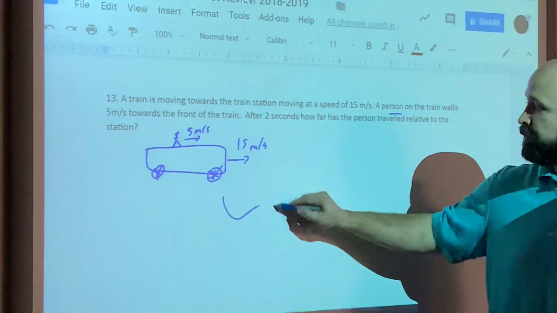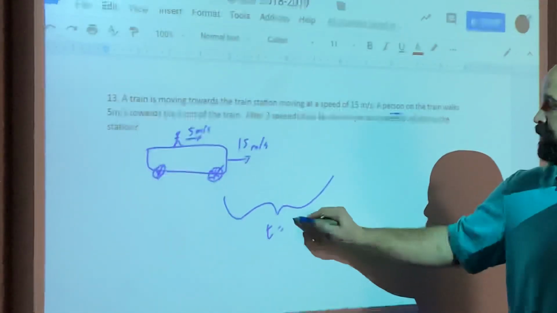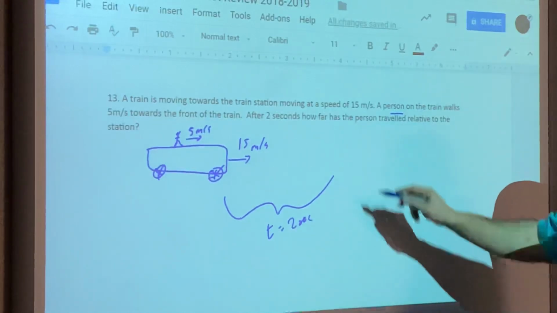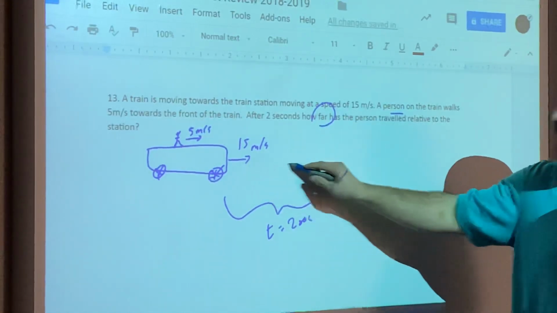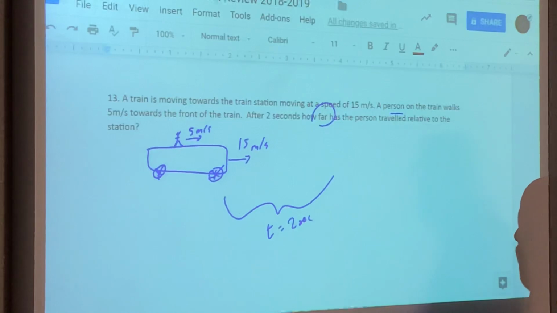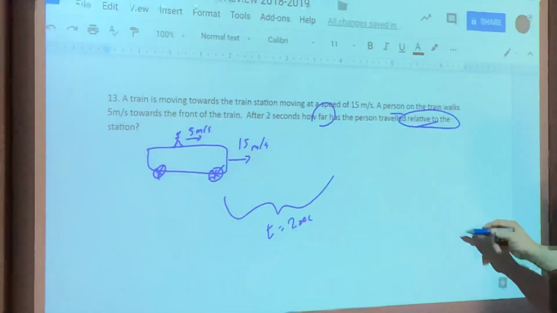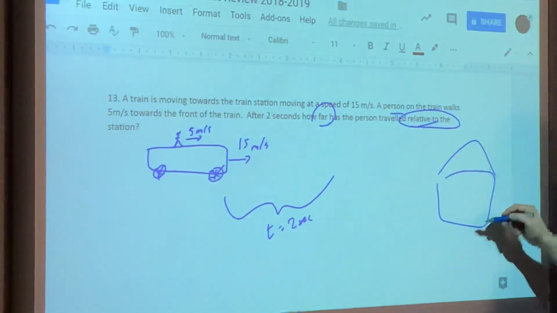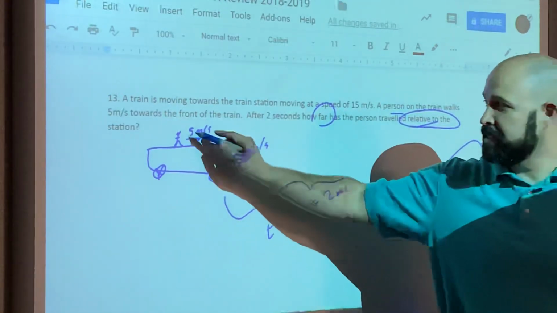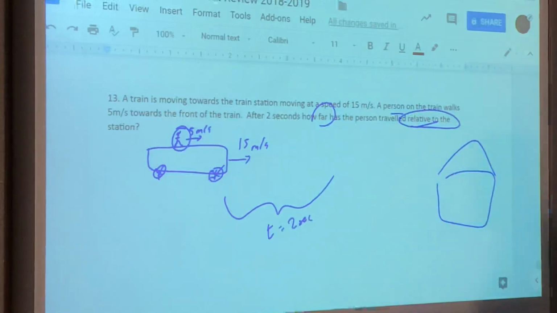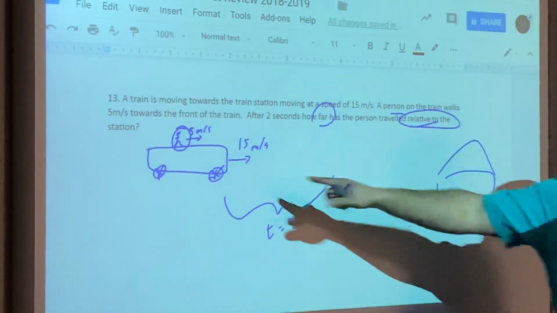This happens for a total time of 2 seconds. And they want to know how far did you go, like what was your distance traveled relative to the station, okay? So there's this big station over here.